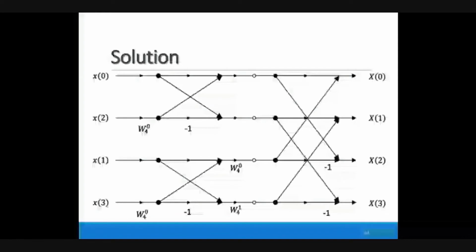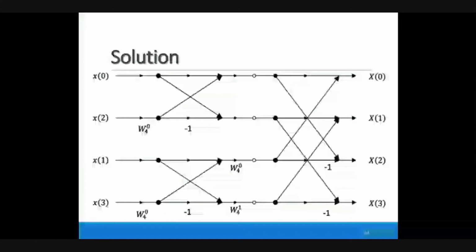So at the input side, whatever input we are applying is in the bit reverse manner, and at the output we are getting the normal order. When applying the input in this butterfly diagram, we have to follow that bit reverse order. So here we start with x0, x2, x1 and x3.